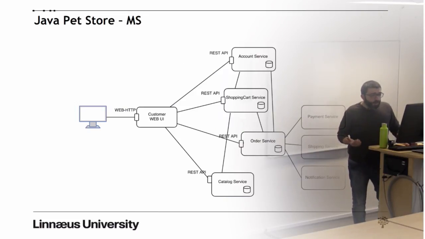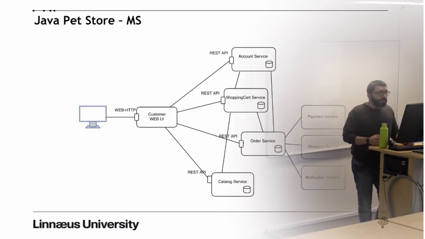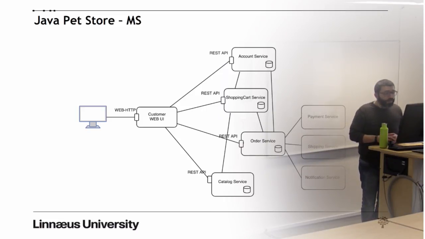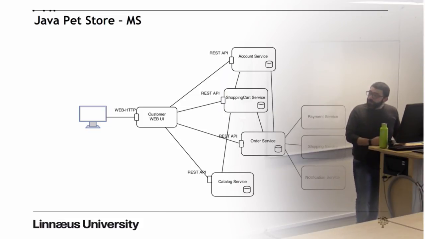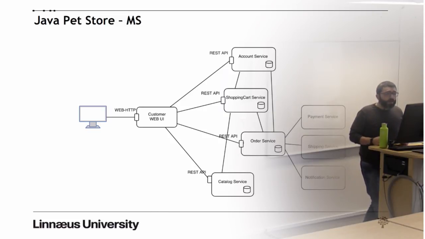But the other way around, in this case, since everything is self-contained and completely isolated, whenever we need to scale the system, we can scale the single microservices. We can bootstrap and start up another shopping cart service, for example, in a fraction of a second, because these are microservices, and bootstrapping a microservice is very fast.